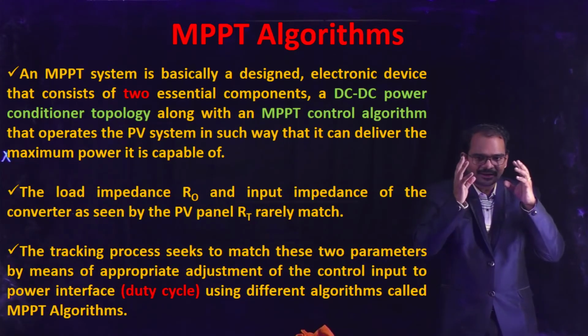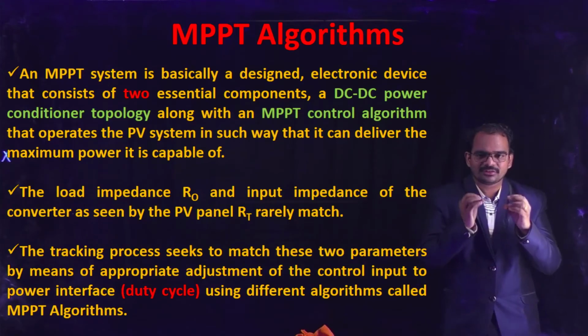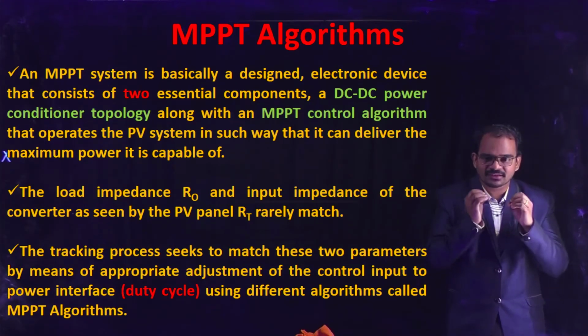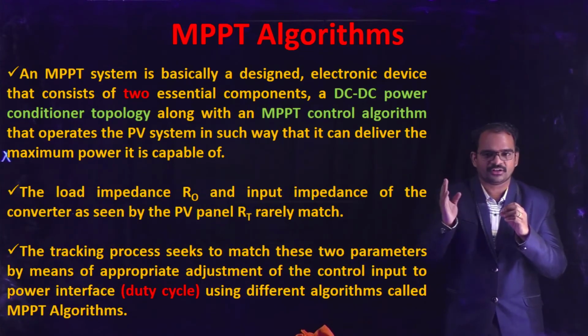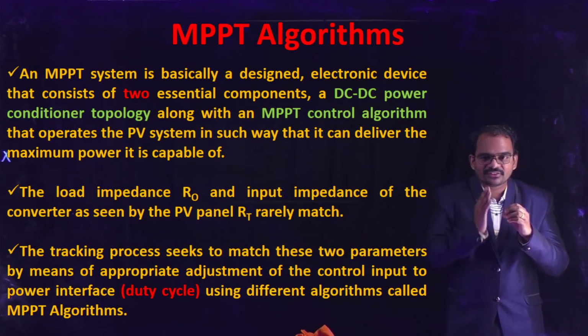So the essence of these MPPT control techniques or algorithms is simple. It is just to keep the value of RT constant by adjusting the value of the duty cycle.